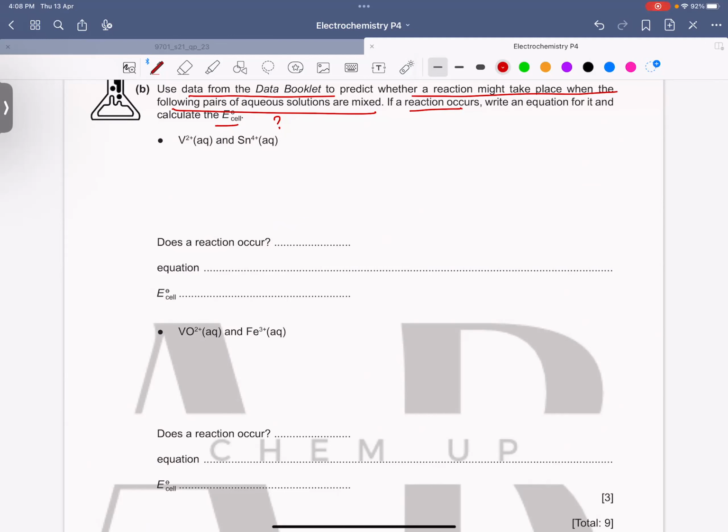Okay, try. Complete it and then WhatsApp me, okay?